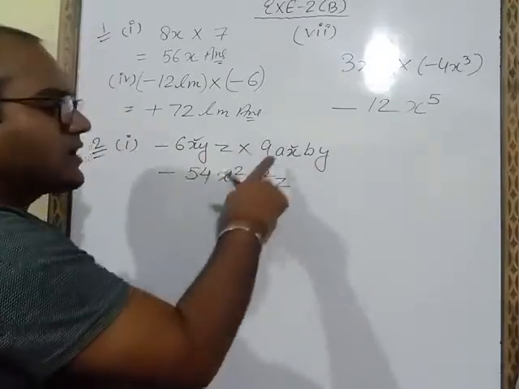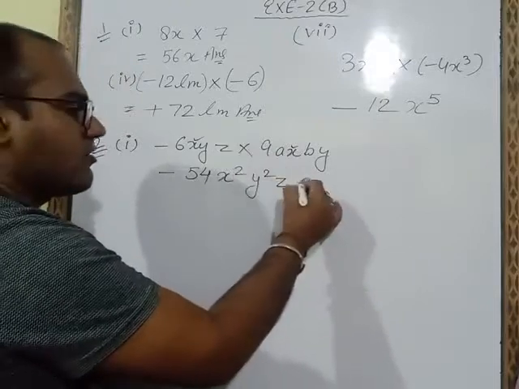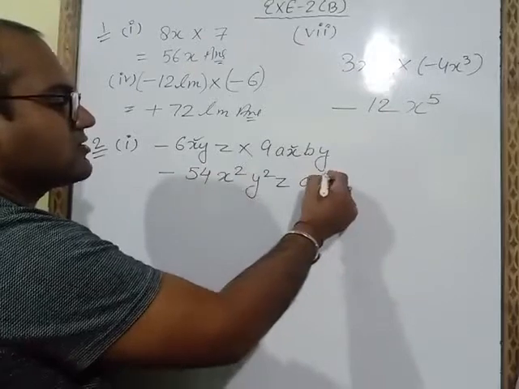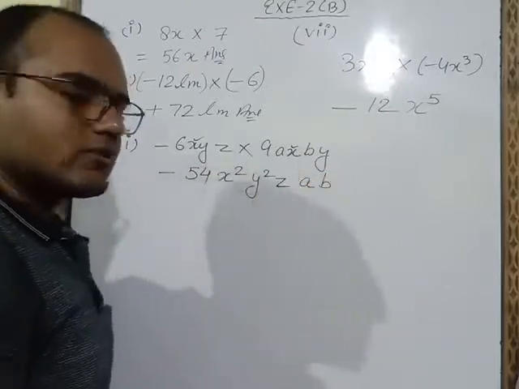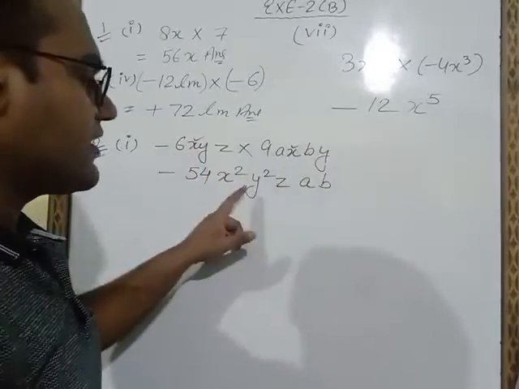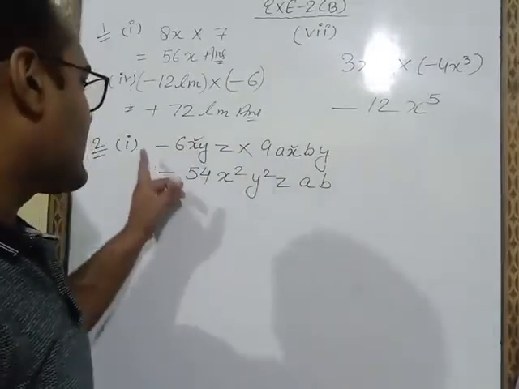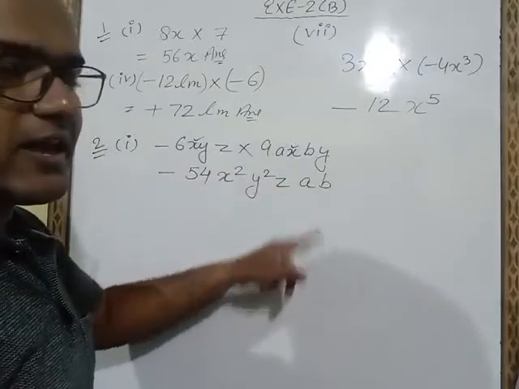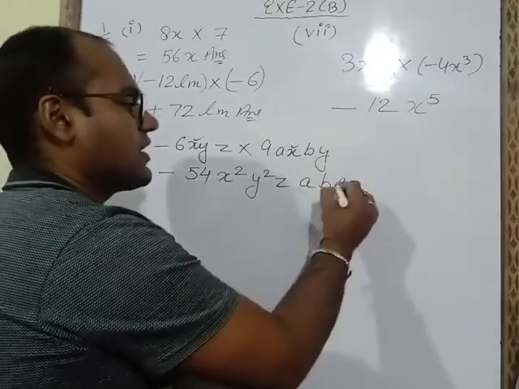The alphabet a is also remaining, so we will take a. x is over, the alphabet b is also there, so we will take b also. y we will not take again because y multiply y we had written as y power 2. So the final answer of the first part is minus 54x square y square z ab. So this is your final answer.